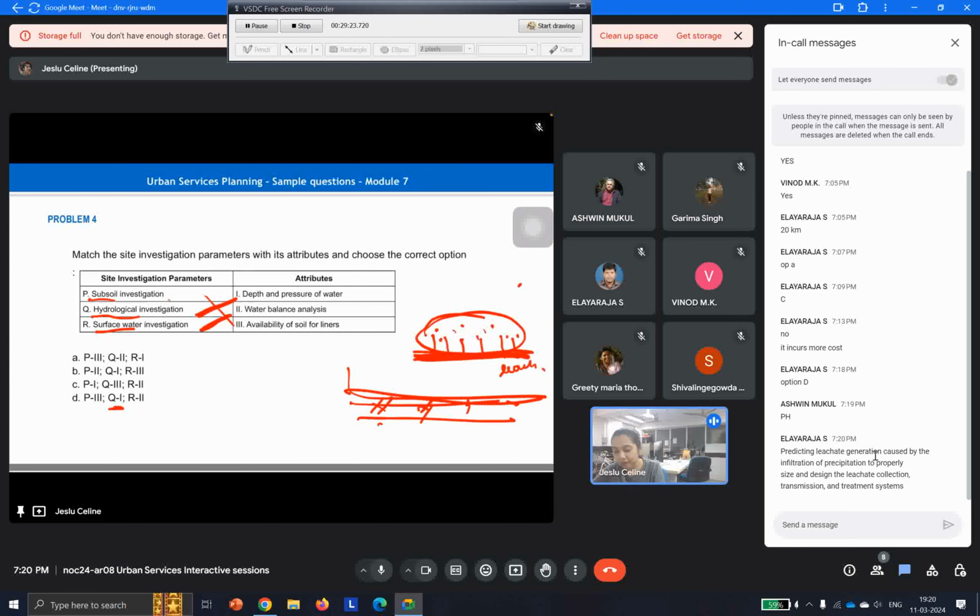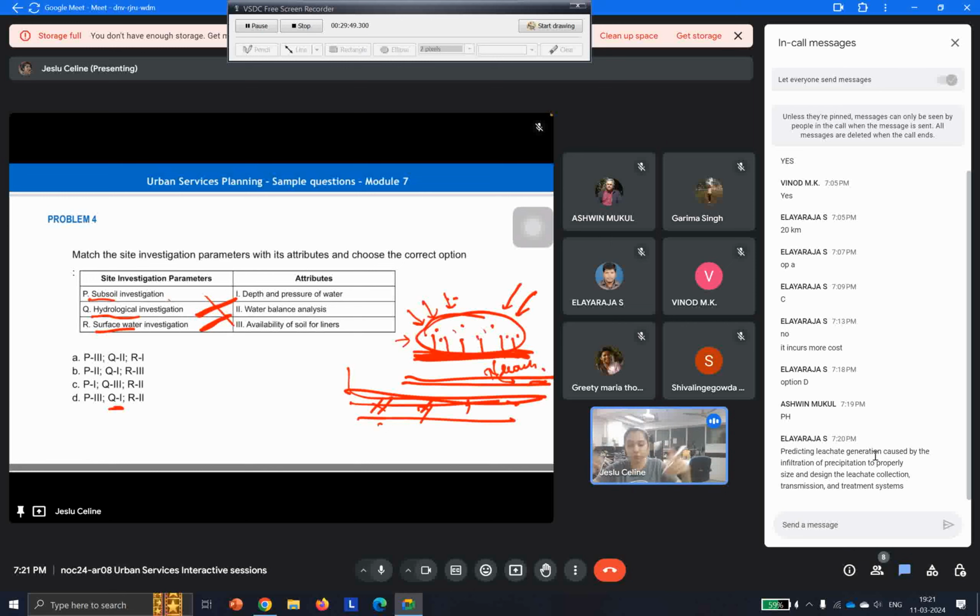And now if we have some other surface sources or precipitation or any other sources which is adding more water onto this existing moisture present in the waste, it will increase the leachate. So we design our drainage system for this leachate to pass through so that it doesn't contaminate the groundwater. So we need to design our systems by calculating this leachate which would be produced.